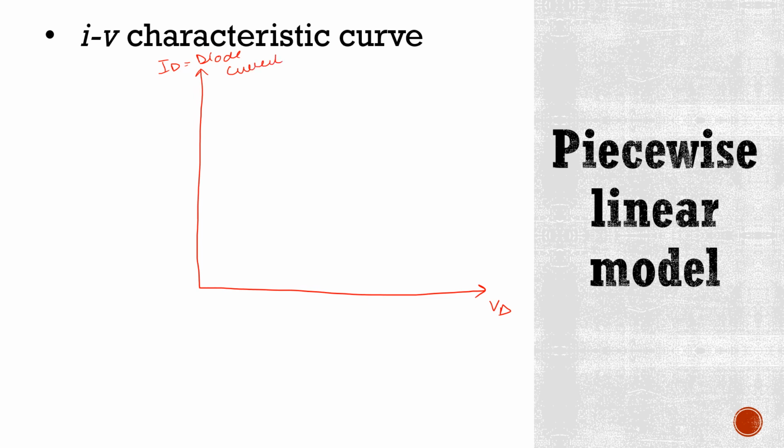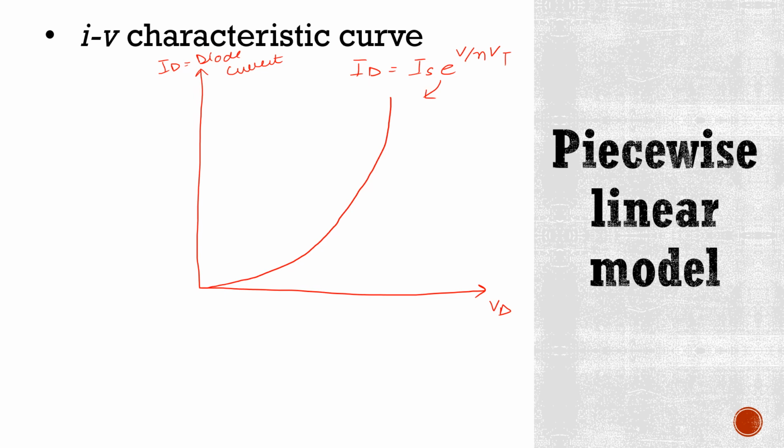Now we know that the first diode current equation is Id is equal to Is e raised to the power v divided by nVt. Here this curve is representing this exponential diode equation.